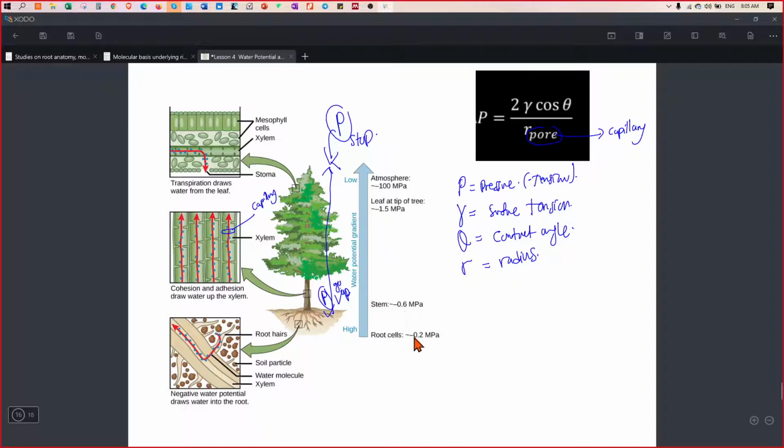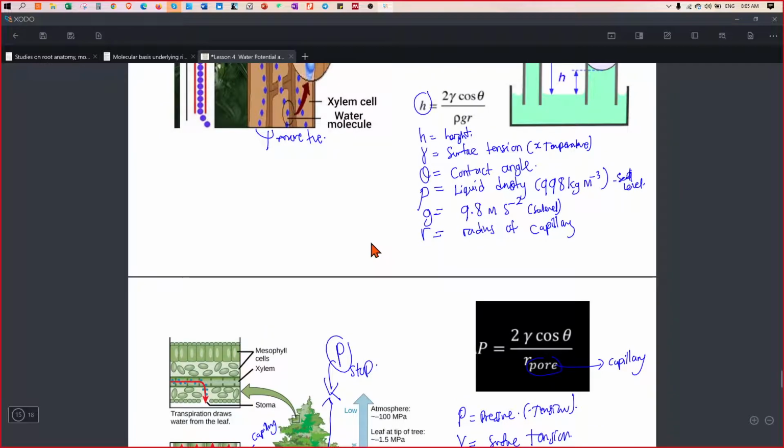In this case, it goes from minus 0.2 to minus 0.6. As it travels upwards, the water becomes more and more negative in terms of water potential. This is coupled with the adhesion and cohesion forces of the water.